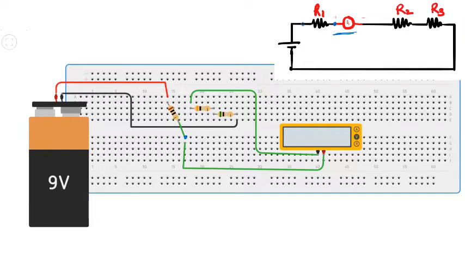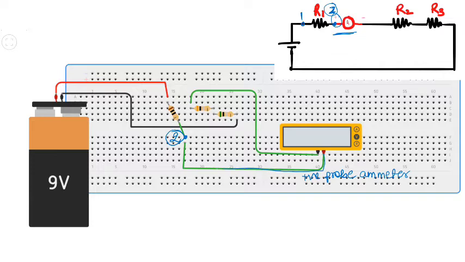Let us suppose this is your terminal number 2, and this is the positive probe of your ammeter. What I have to do is connect terminal number 2 with the positive probe of the ammeter. Let us see if it has been done here or not.